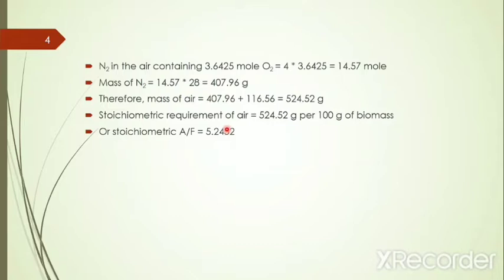It is around 15:1 to 16:1. For most biomass, the stoichiometric air fuel ratio will be in the range of 5 to 6. So we have found the stoichiometric oxygen requirement as well as the stoichiometric air requirement.